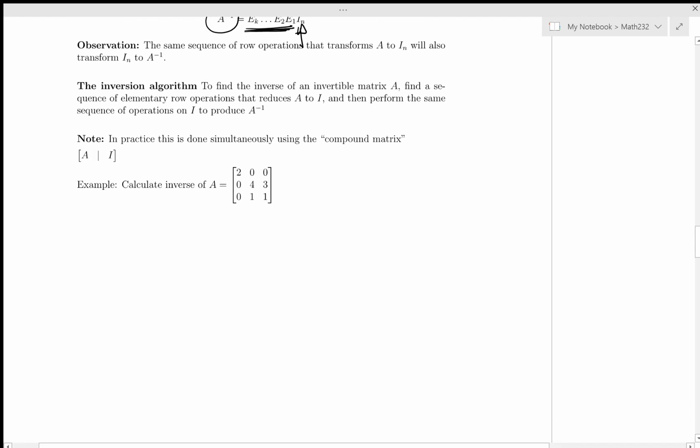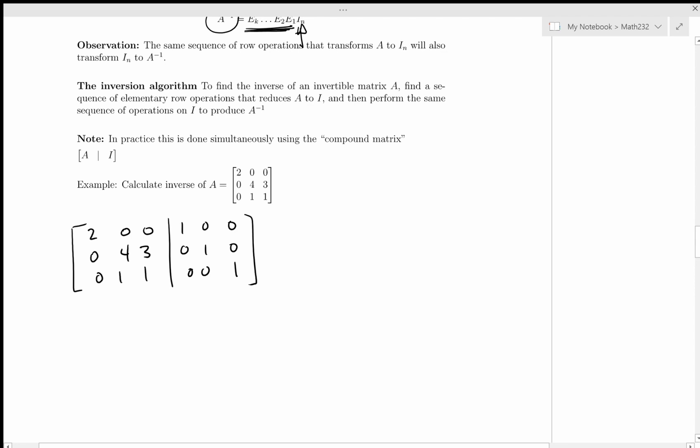I want to calculate the inverse of this matrix. So I form what I'm going to call a compound matrix. It's going to look like this: 2, 0, 0, 0, 4, 3, 0, 1, 1. And this is a 3 by 3 matrix, so I'll use the 3 by 3 identity matrix like that.